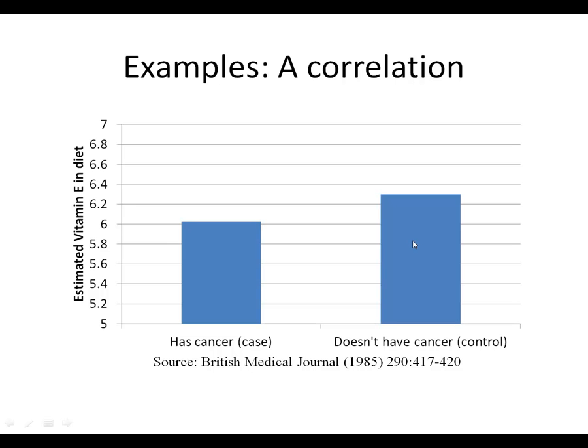Maybe they exercised, all sorts of things. So in this example, there's an underlying cause that's independent that causes both high vitamin E levels and low cancer rates, but these two effects of the same cause don't cause each other. Okay.